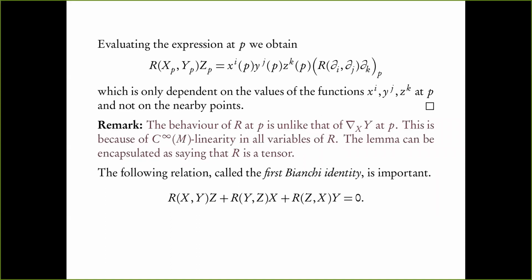This is just an identity that happens to be true, but it's not due to the Jacobi identity. The way you should think about it is, if you wanted to memorize this, then this is essentially like the Jacobi identity, but you have to put R and put X, Y, Z in the right place. That's all.